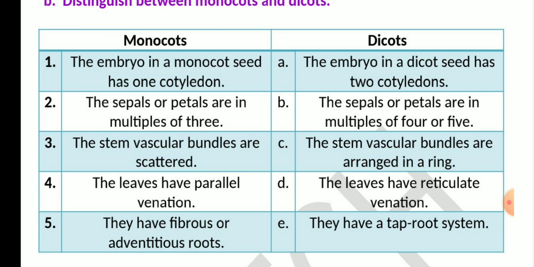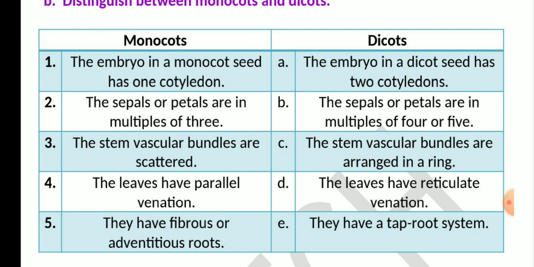Third point in monocots, the stem vascular bundles are scattered, whereas in dicots, the stem's vascular bundles are arranged in a ring. The leaves in monocots have parallel venation. In dicots, the leaves have reticulate venation.